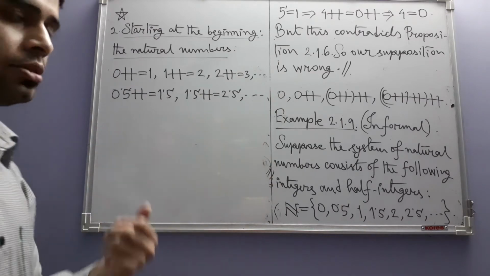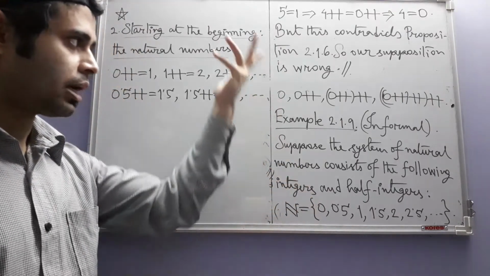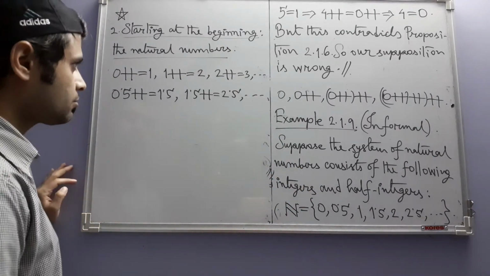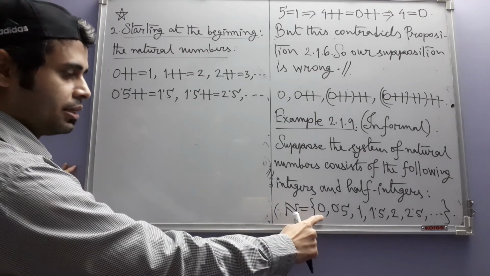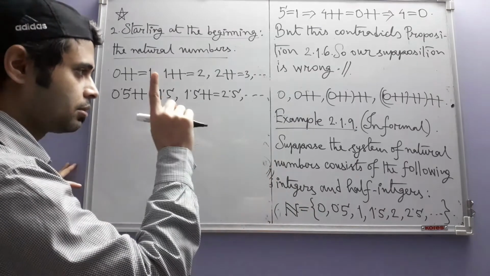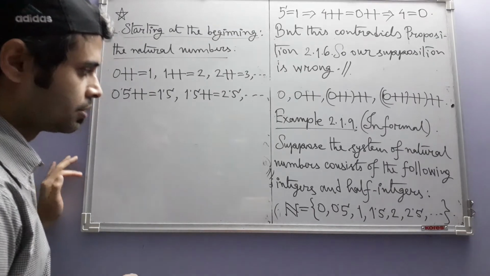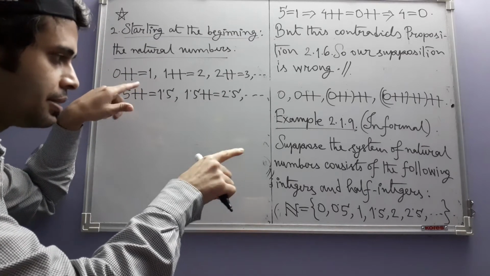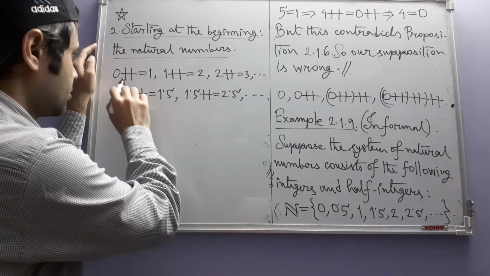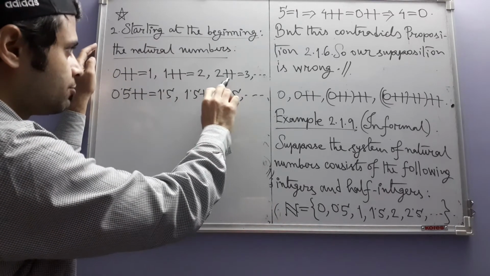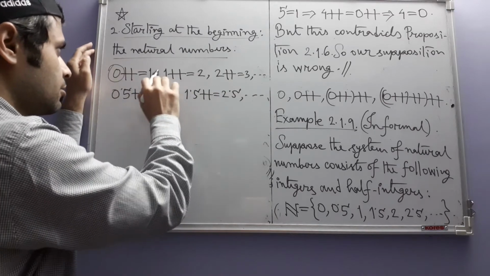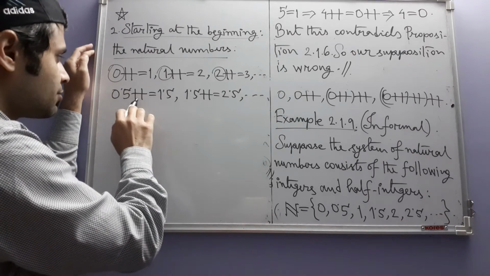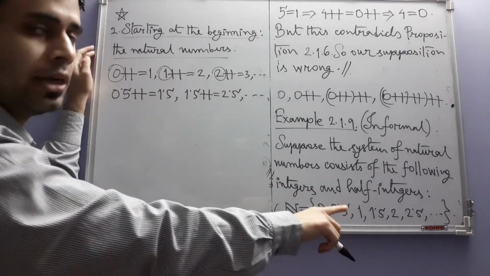Now let's go the usual way and check whether the 4 axioms we have now are satisfied by this system. 0 is a natural number, it's there in the system. So axiom 1 is true. The successor of every element in this system is again an element in this system. Successors of integers are of course integers, but the successors of these fractional numbers are also there.